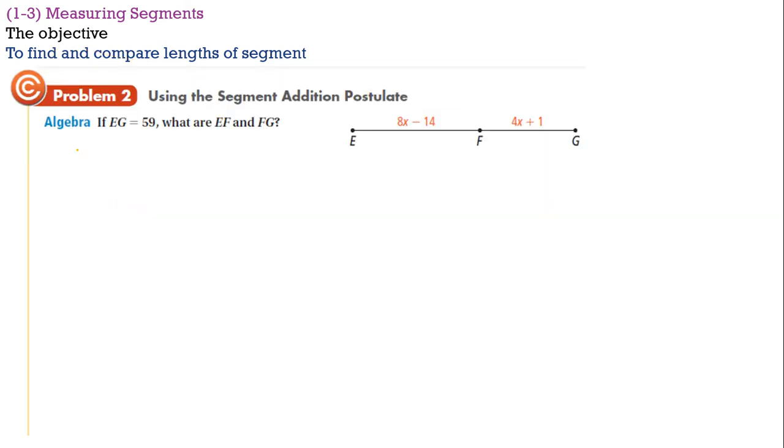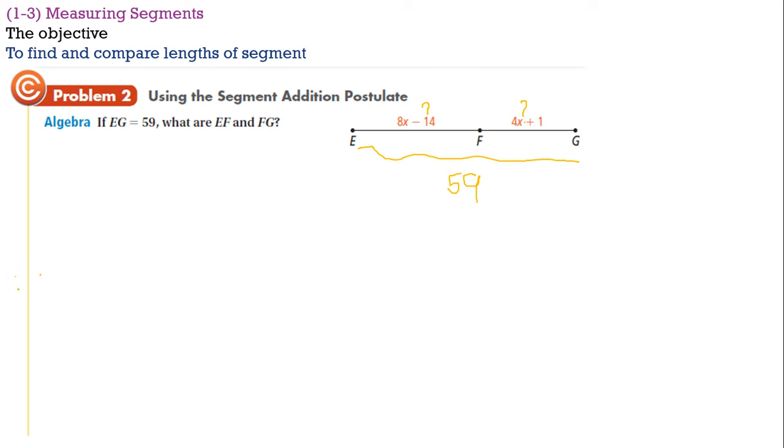Let's have practice for this one. So, where is EJ? All of this one is 59. Now, I need to figure out what this is, and what this is. First things first, I need to find x. So let's see what we should do.